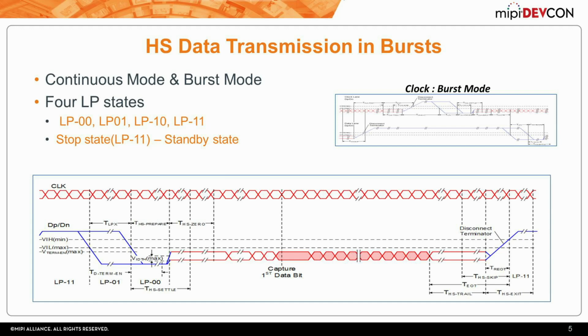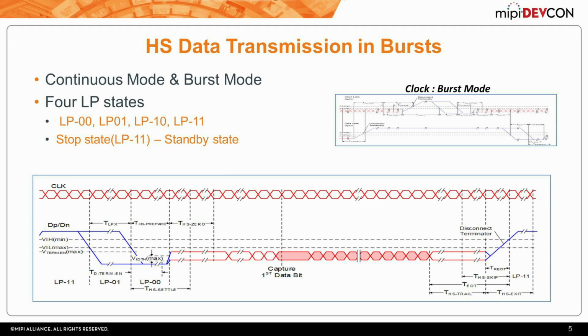In a high-speed data transmission, the system holds the lines at LP11, which is the stop state. As soon as a request for a high-speed transmission is received, it sends out an LP11 signal for a duration of TLPX, okay? And then the lines are driven at LP00 for a duration of HS prepare.